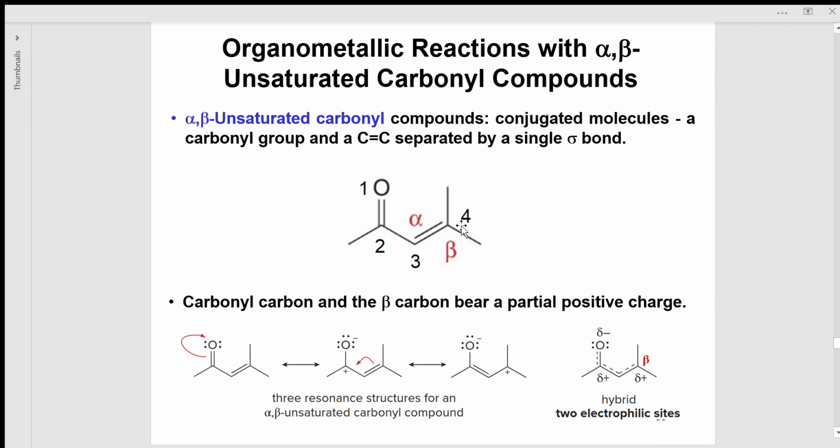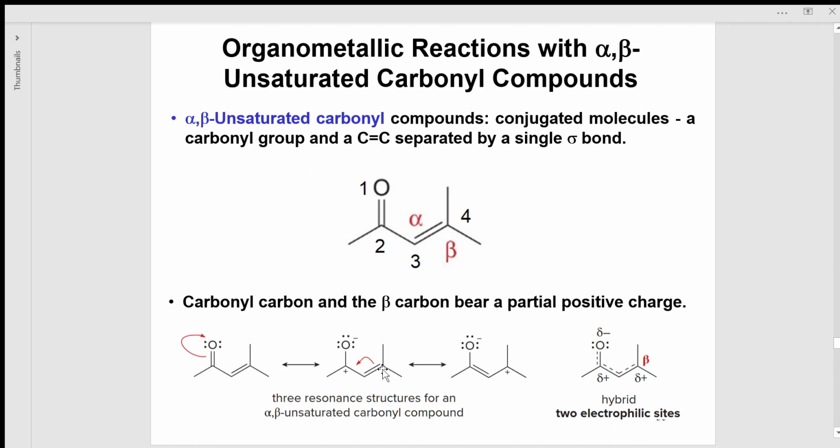If you have a beta gamma double bond here, it's not going to resonate its double bond towards this direction because you cannot jump over this carbon.